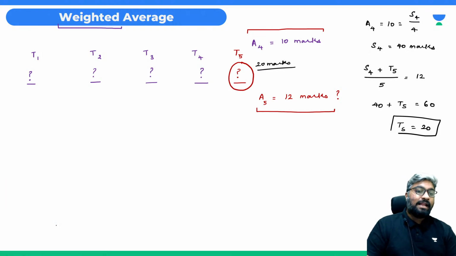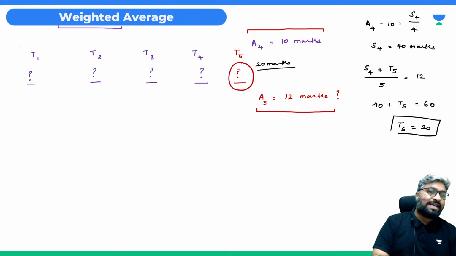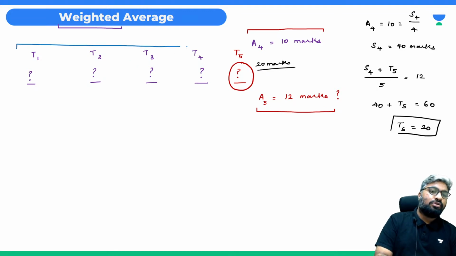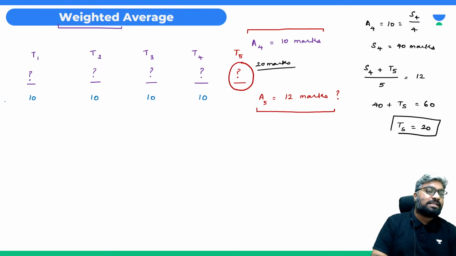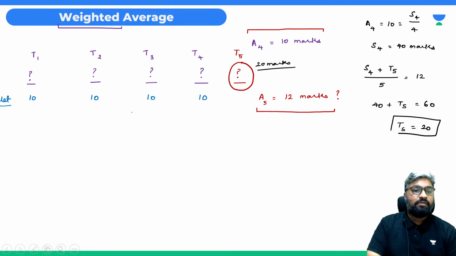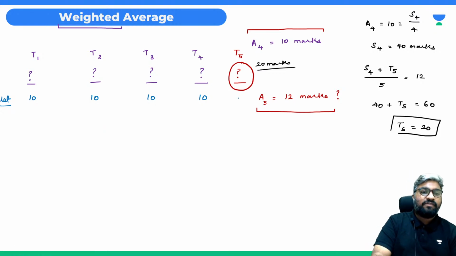Now is there an alternative way of looking at it? Yes. Let's assume, since we are saying that the 4 tests, test 1 2 3 4 का average 10 है, तो can we assume कि इन सब में उसने 10 लेके आया था? It may not be true, but we are assuming कि let test 1, test 2, test 3 and test 4 he got 10, 10, 10, 10 marks. We don't know how much he would have gotten in the 5th test.